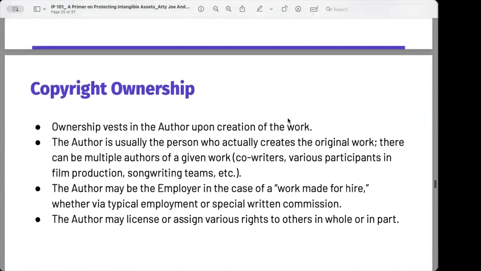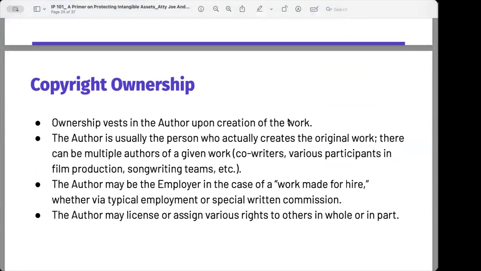expression. Now, it used to be back years ago, before the 70s, that you had to then register your copyright in order to protect it. And for old copyrights, and I mean before 1976, that's true. But since 1976, they changed the law, and copyright adheres in the author, the person who's responsible for the creation of it, usually the actual person, but we'll discuss works made for hire in a moment.